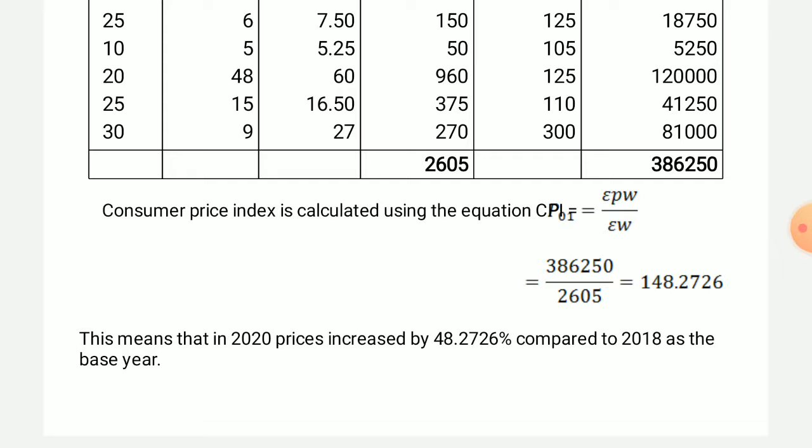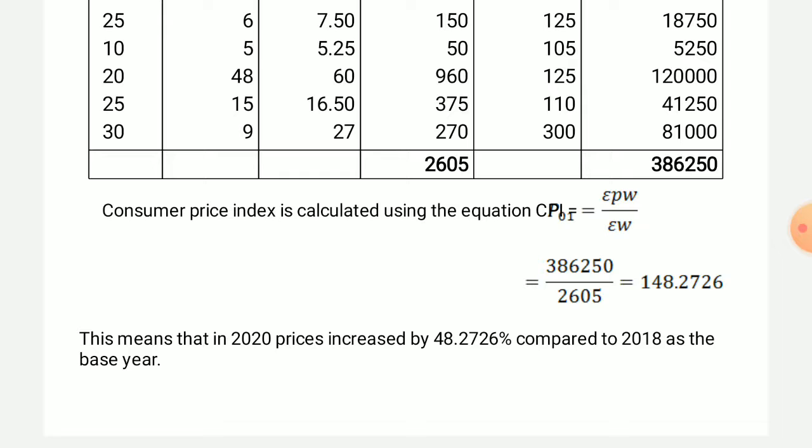148.2726. So it means that in 2020 the prices increased by 48.2726% compared to 2018 as the base year. So therefore we can say that the prices of all the commodities are increased by 48.2726% in the current year when we compare to the base year.